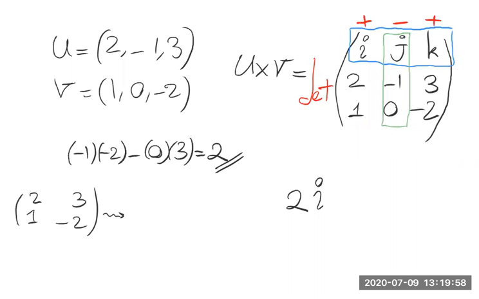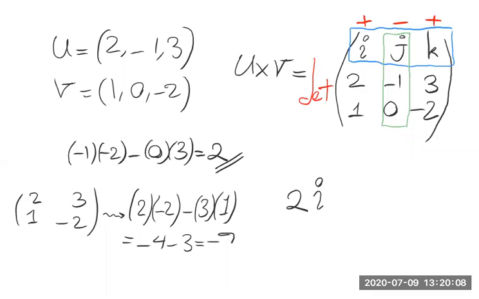Compute the determinant of that. It's 2 times -2 minus 3 times 1, which is equal to -4 -3, it's -7. Okay, I should multiply -7 by the number here in the intersection. That's j, just write j there. Also, because above j there is a minus sign, put a minus sign here.